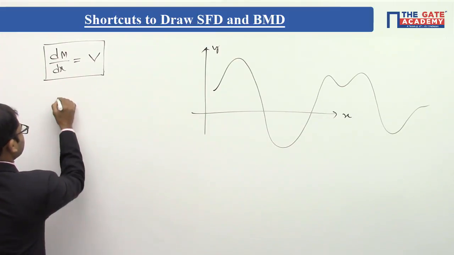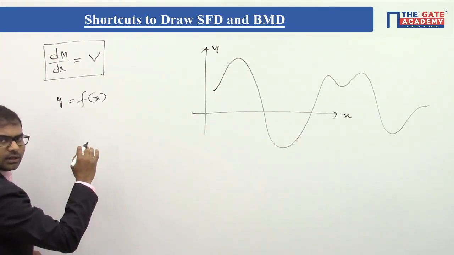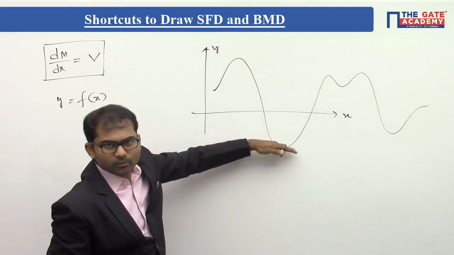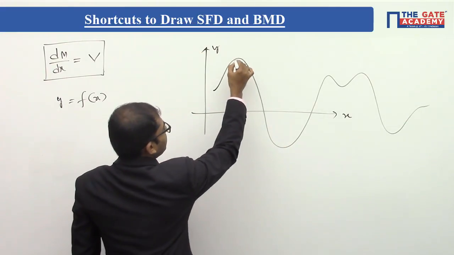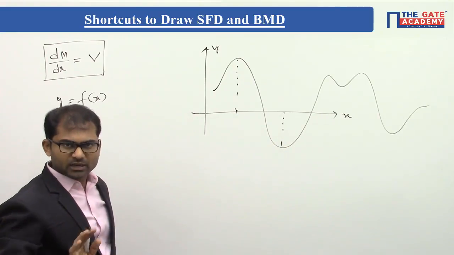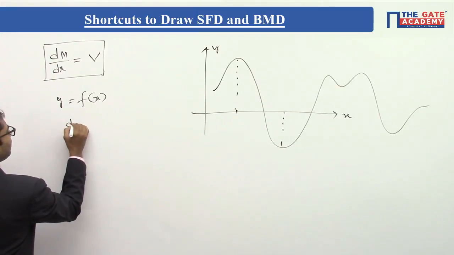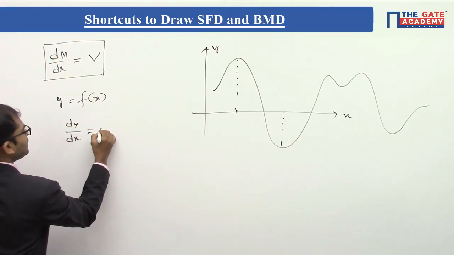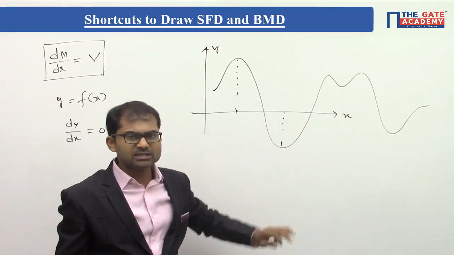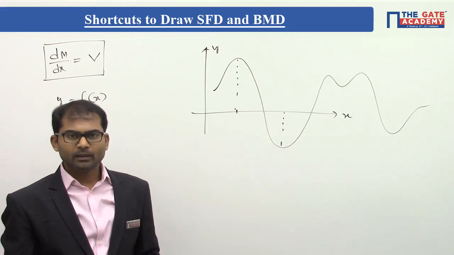If you take any function y is equal to f of x at a location where it is having a maximum value or minimum value, at that location its slope should become 0. That is very much obvious for us. So dy by dx will be equal to 0 at these locations where it's having local maximum or local minimum, or even global maximum or global minimum.